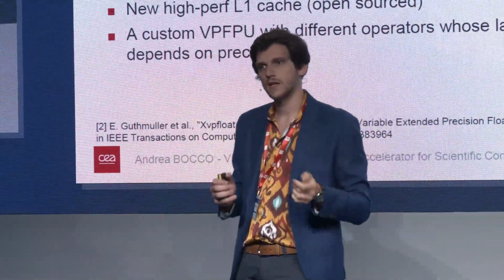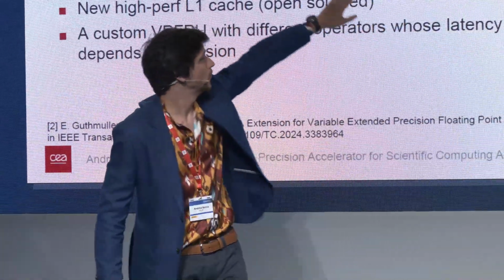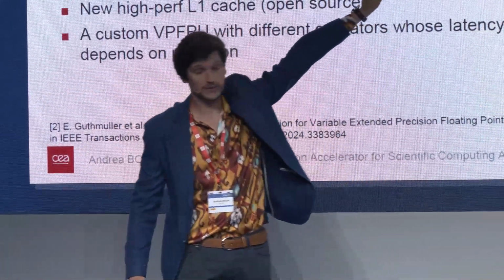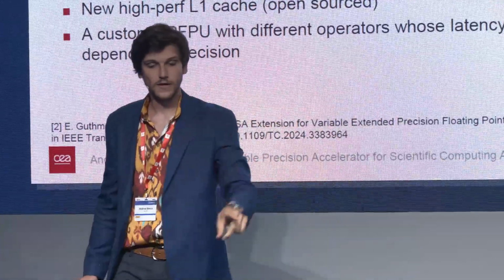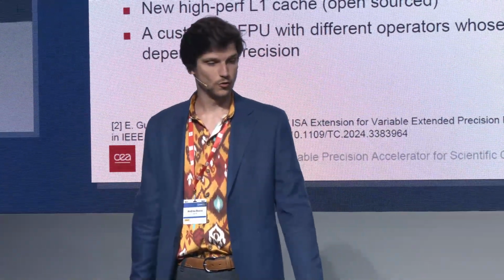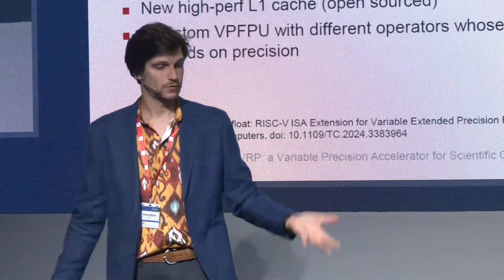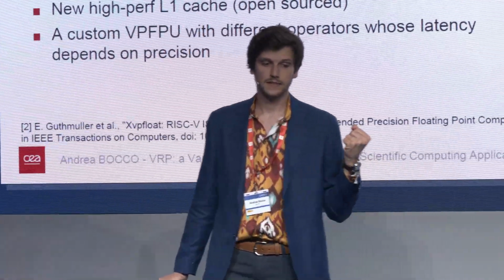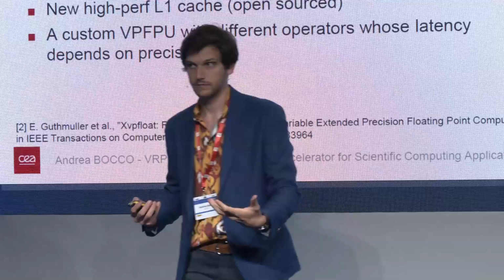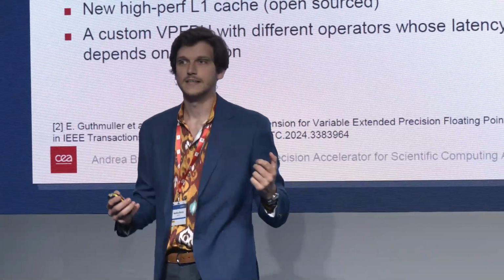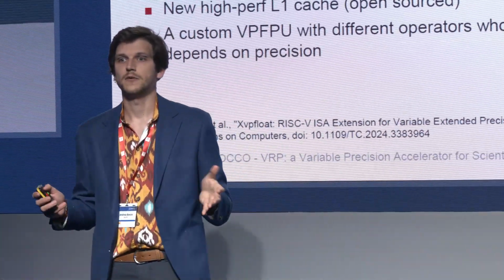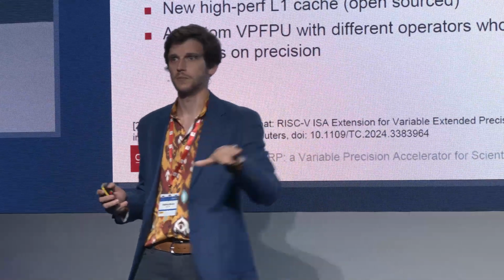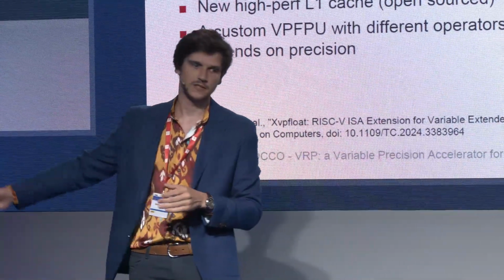And then one internally, where we work in chunks of 64 bits. We introduced a new L1 data cache that we provided in the OpenHW Group, and we also support a variable precision floating point unit whose operators have latency that varies depending on the precision of the computation, in order to better exploit the trade-off between computing latency, power consumption, and precision.